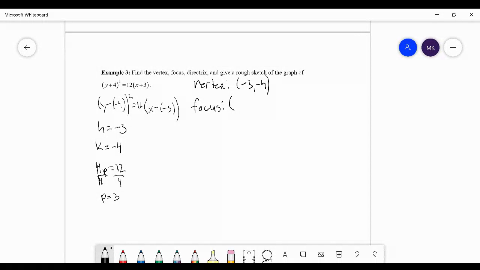So since h is negative 3 and p is 3, h plus p is 0, and k is negative 4.